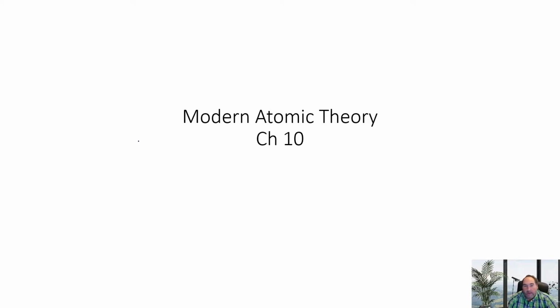Okay, everybody, welcome. It is Chapter 10 time. We're talking about modern atomic theory and the periodic table. Really, this chapter is going to be all about our friends, the electrons. We're going to talk about what happens when electrons get excited, when they move from one energy level to the next.